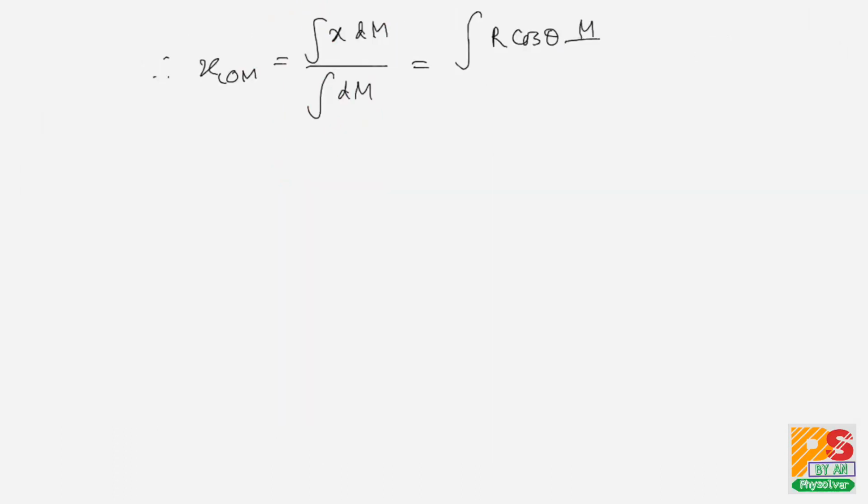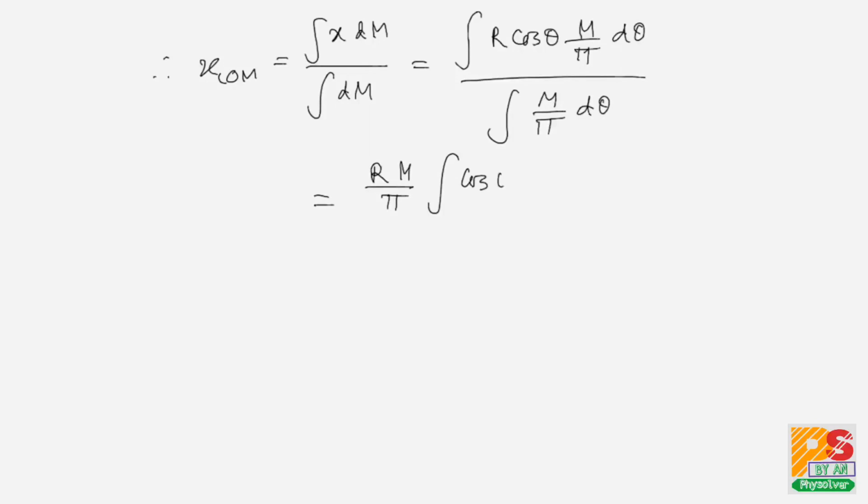So integration r cos theta times m by pi d theta divided by integration m by pi d theta. Now since m, r, pi all are constant, I can write like this. Therefore it becomes like this.